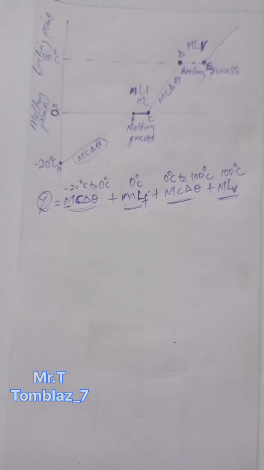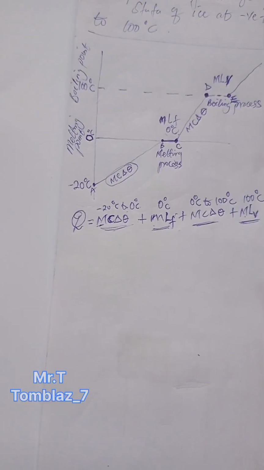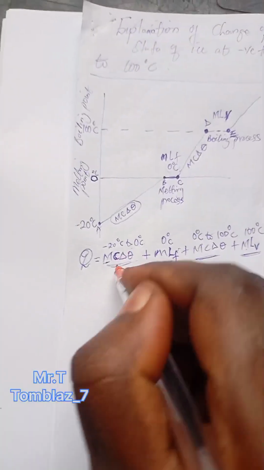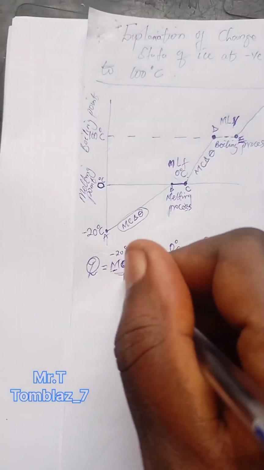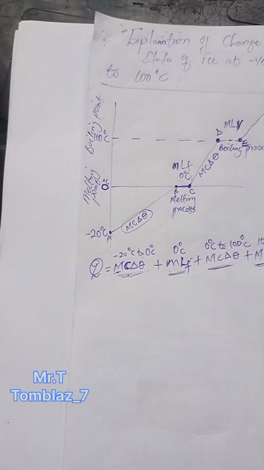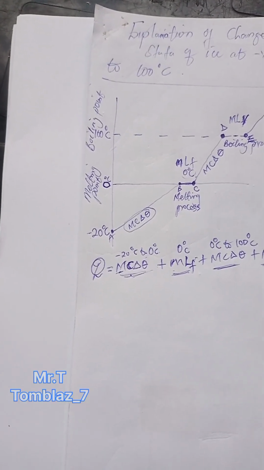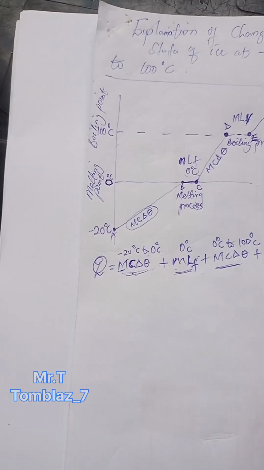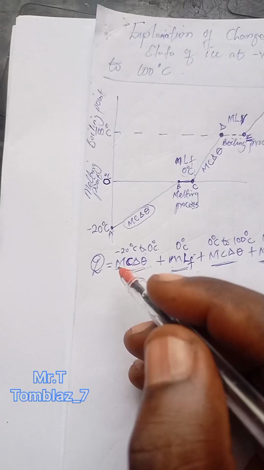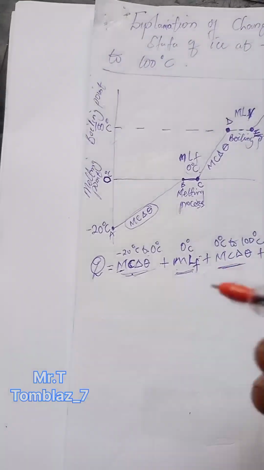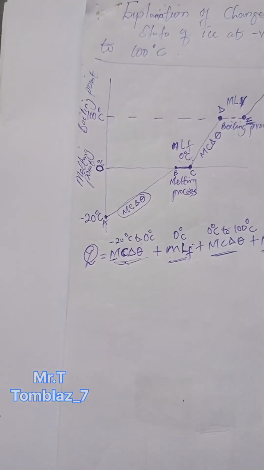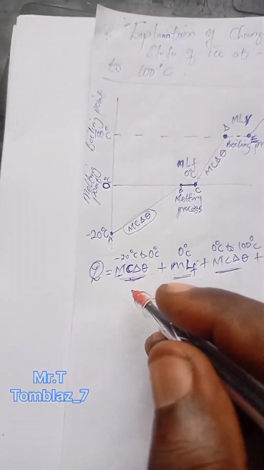So if this is put in place, let's explain what this does. This is the heat change when the water changes from an ice block at a negative temperature to the same ice at 0 degrees centigrade or reverse, right?